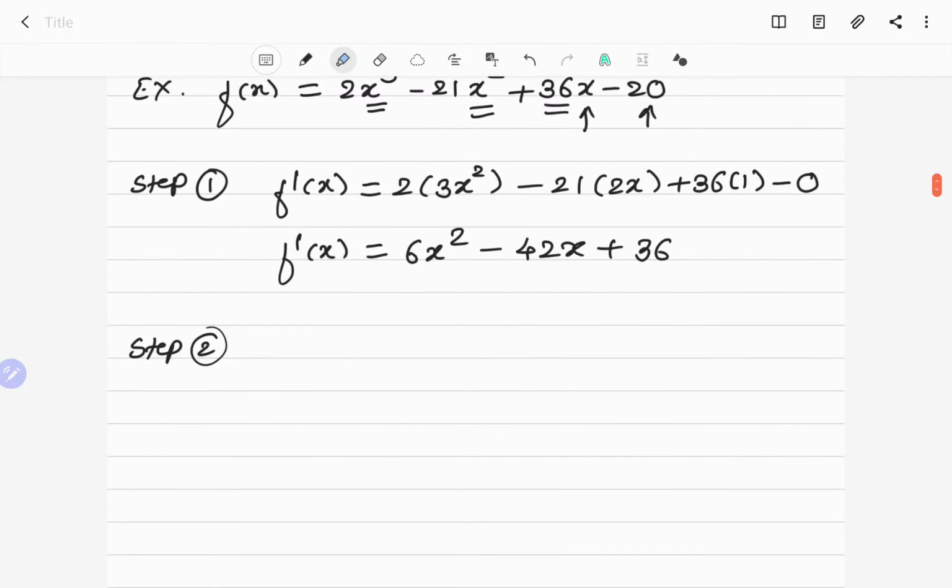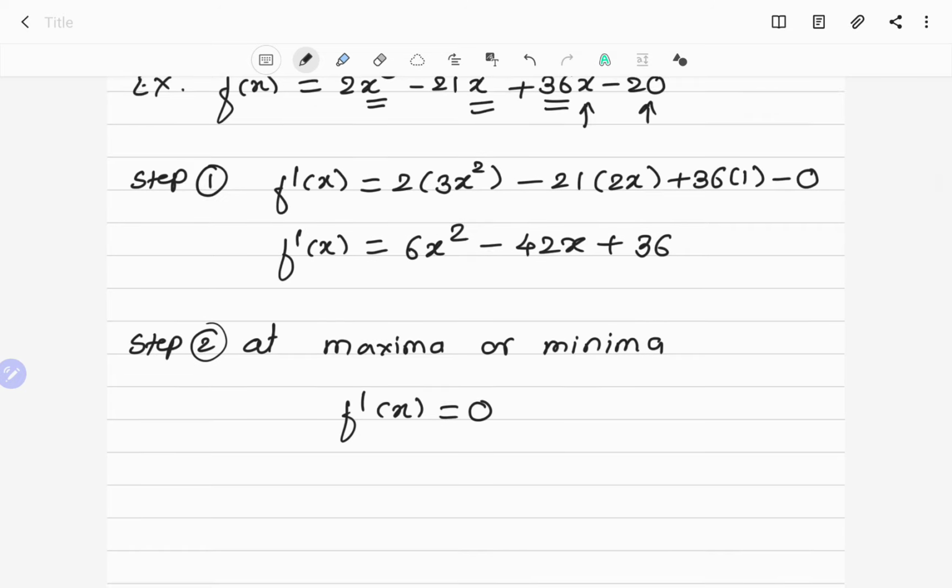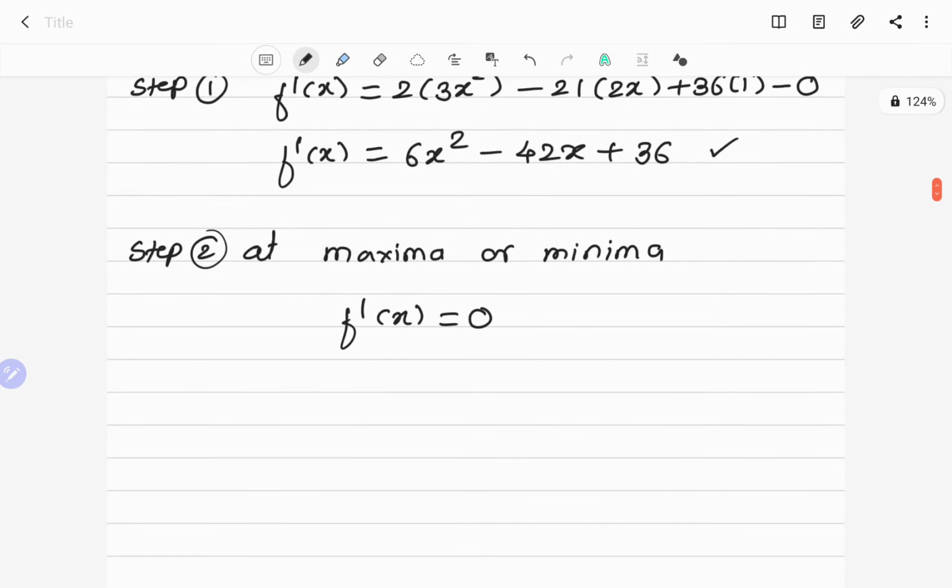Let's write one sentence: at maxima or minima, whether it's a maxima or minima, we always have to equate the first derivative equal to 0. So this is the first derivative. Let's equate that equal to 0. So it's 6x square minus 42x plus 36 equal to 0.